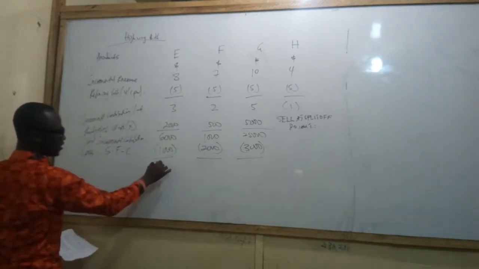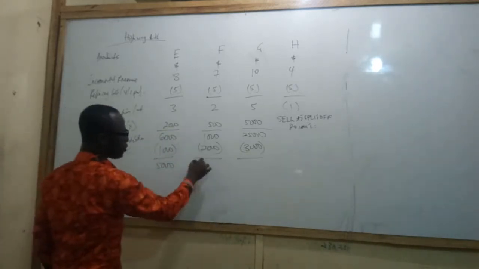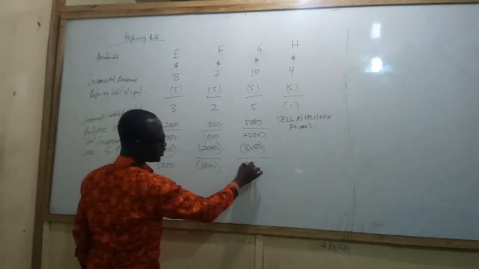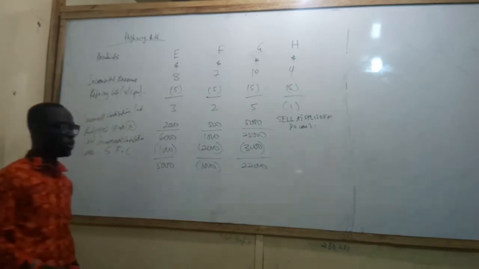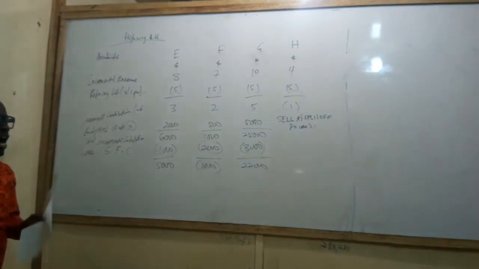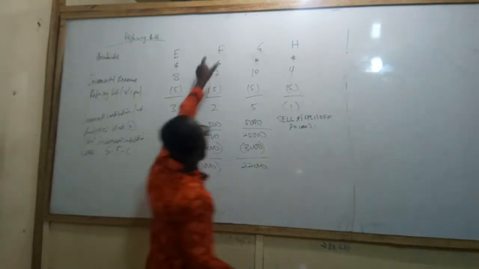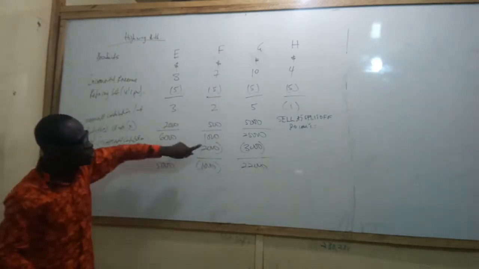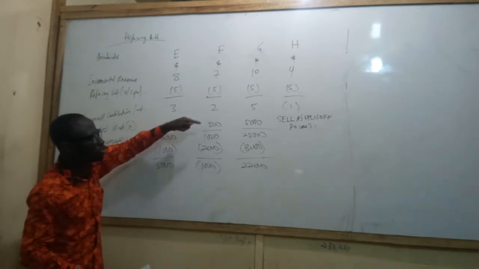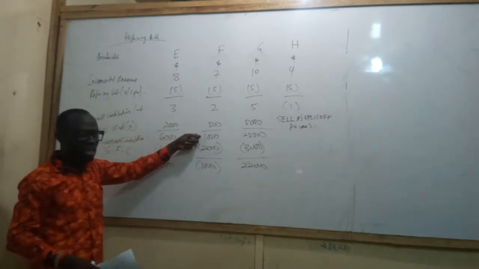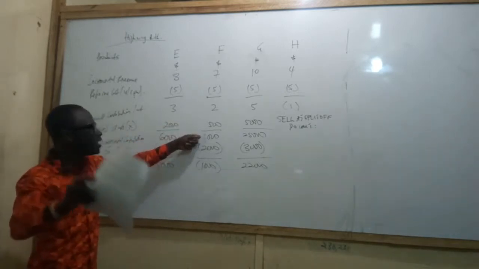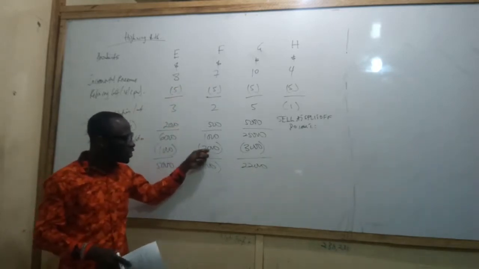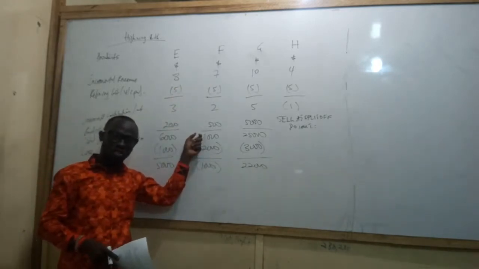So what will be here? 5,000. What will be here? Negative 1,000 and then 22,000. Are you following? F is having negative after taking into consideration the specific fixed cost from the incremental contribution, meaning F cannot be further processed because the specific fixed cost cannot cover its contribution.